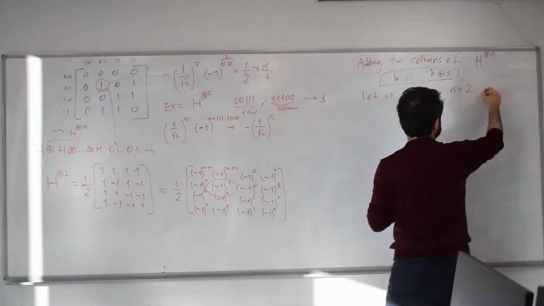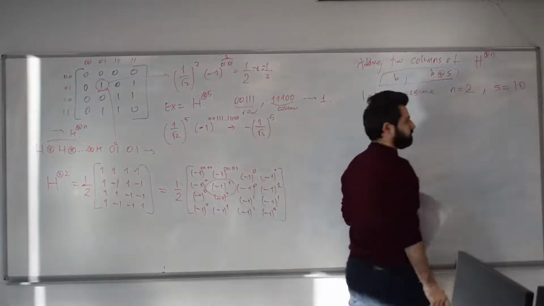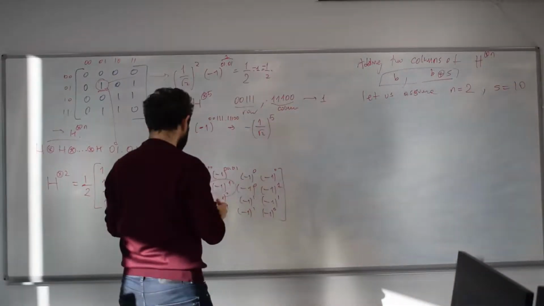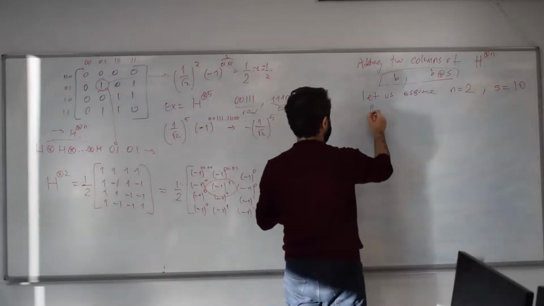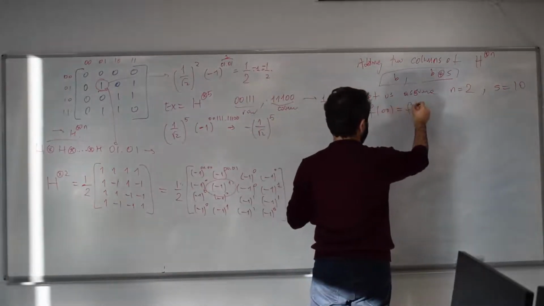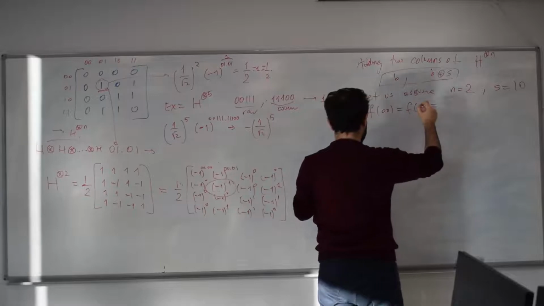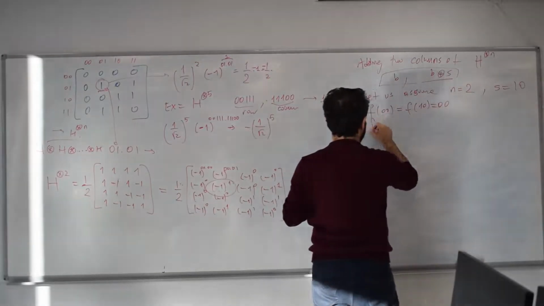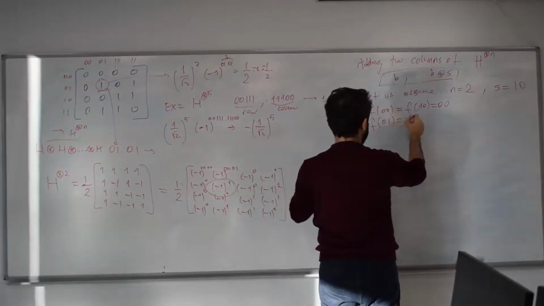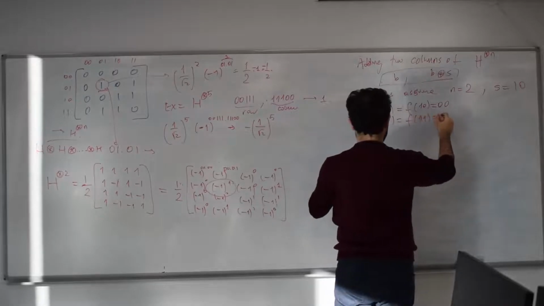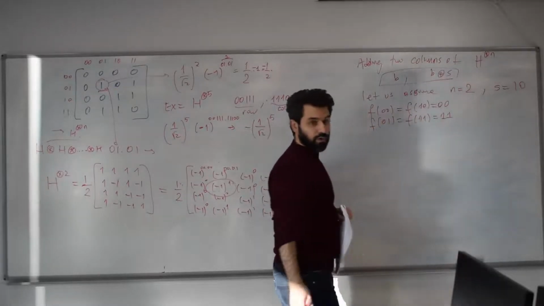Okay, and S is 1, 0. Now in this case, I have F00 equals F10, and let's just suppose that it's 0, 0. And I have F01 and F11, they're all equal, and I'm going to assume them to be 1, 1.